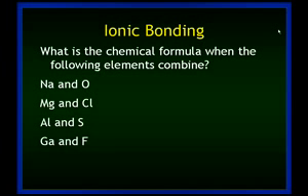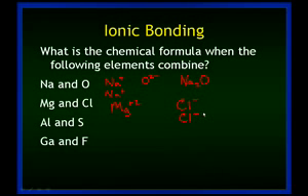It has a -1 charge. So Cl-. These two do not cancel out perfectly. I have a +2 and a -1. So I need another -1 there. So now I have 1 magnesium and 2 chlorine, so my formula is written as MgCl2, just like that.